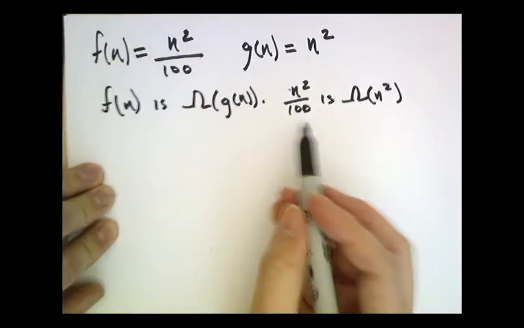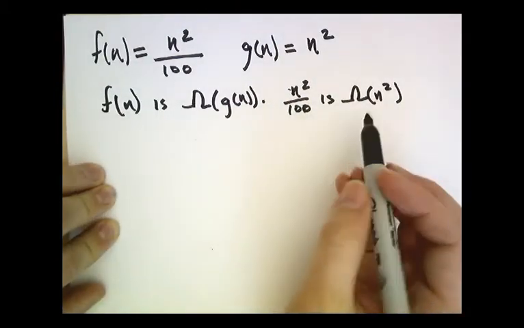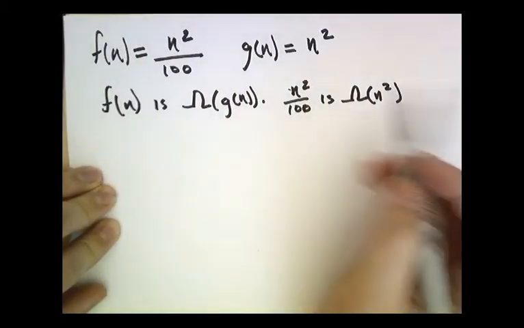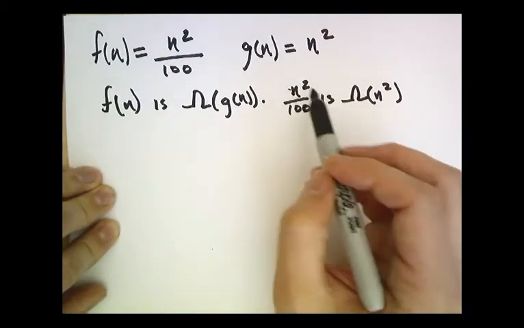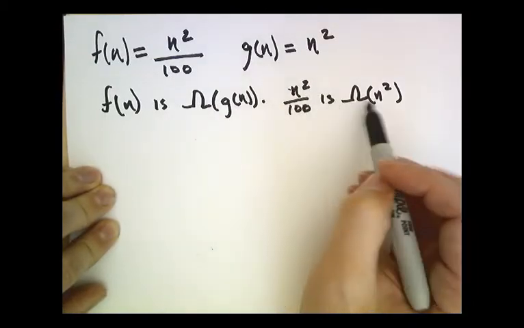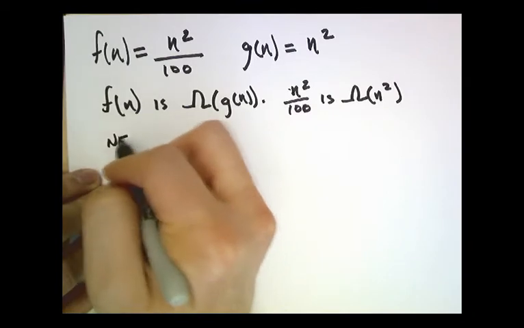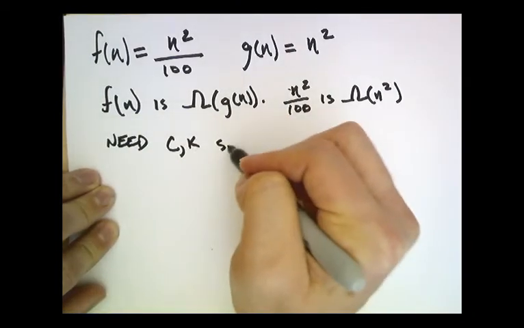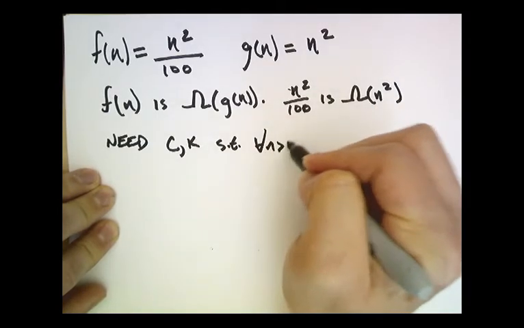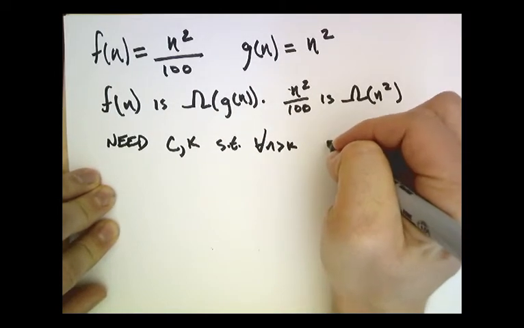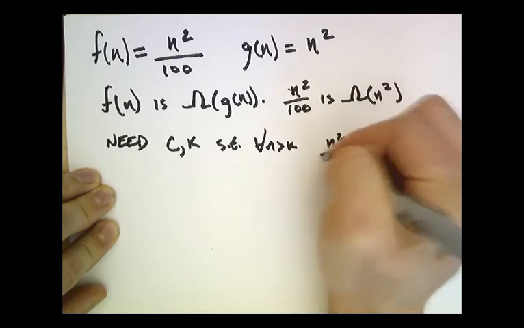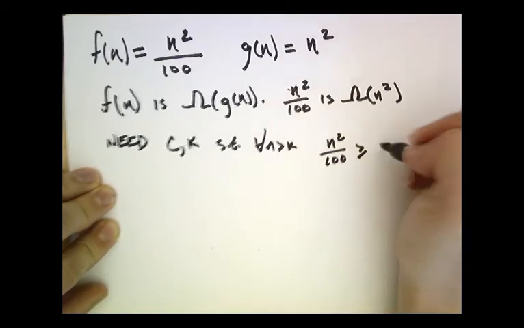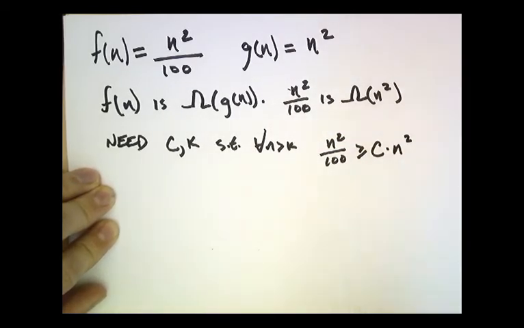Why is that? Well, we need to produce constants c and k such that for all n greater than k, n squared over 100 is greater than or equal to c times n squared.